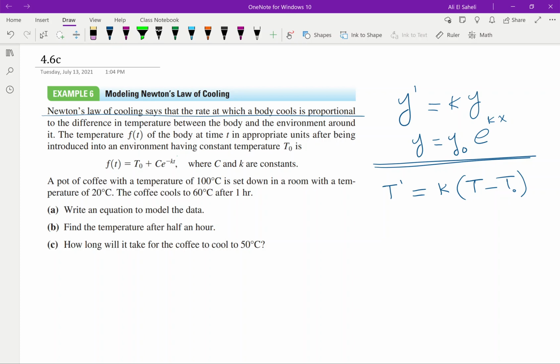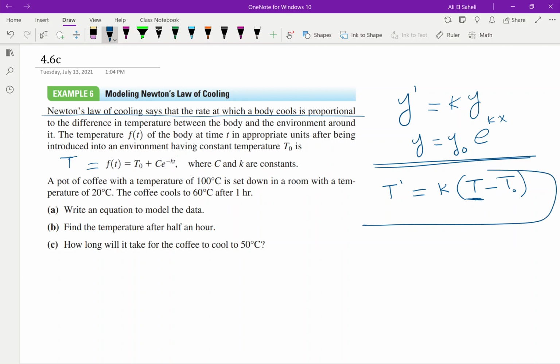It's like you put a cup of coffee in a room. The temperature being studied is the temperature of the cup of coffee, and the temperature of the room is the environment temperature, the ambient temperature. So instead of T for the temperature of the body, here we use f of t. It's the same thing. So this is the temperature of the body that is cooling.